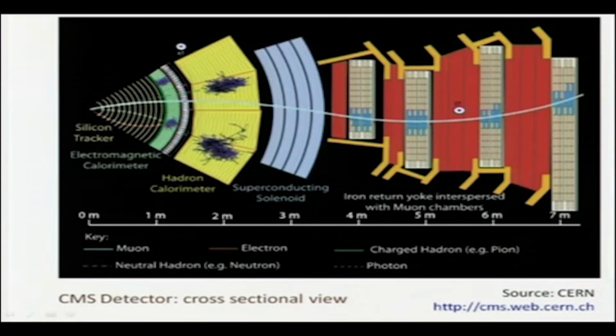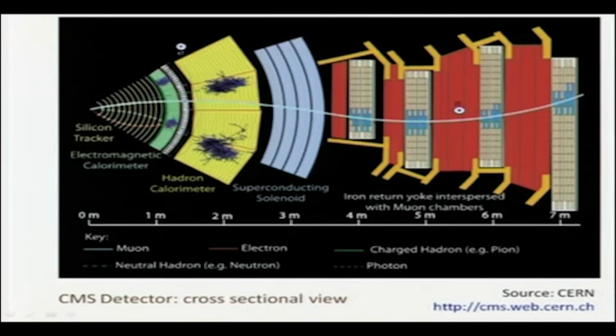The other type of particle generally produced are the muons. Muons go past the electromagnetic calorimeter. They are slightly bent, and they cannot be bent too much because the energy is quite high, and the radius of curvature will be very large in that case.